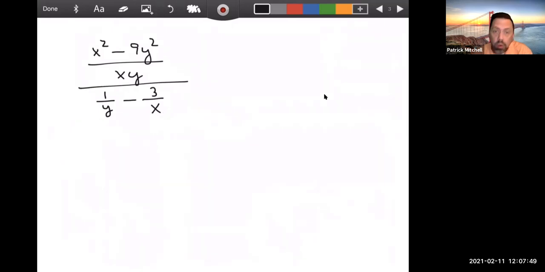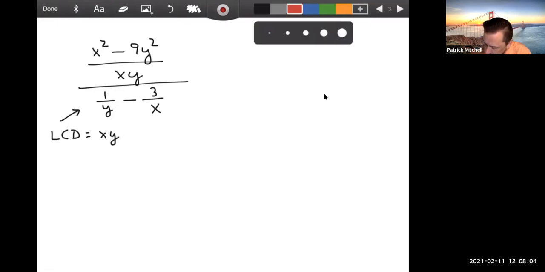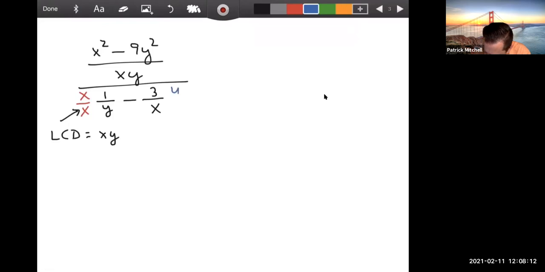All right, so that means we need a common denominator for that, which would be x times y, right? Okay, so in order to get that common denominator, I need to multiply the top and the bottom of this one by x, and I need to multiply the top and the bottom of this one by y.